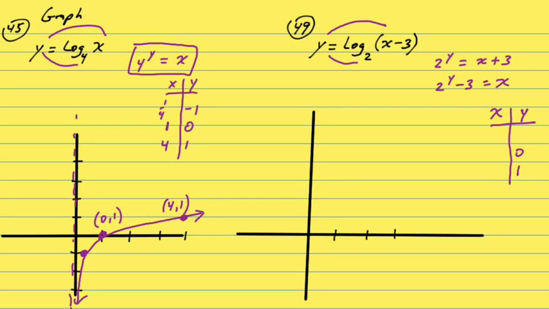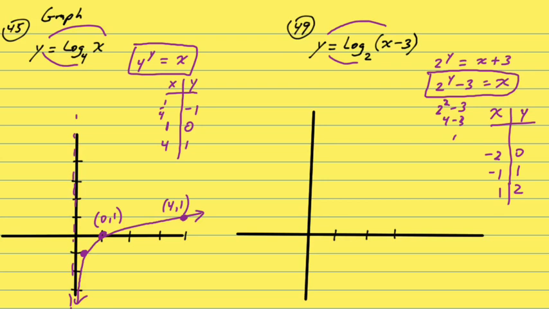Let's start with those. Does anybody know 2 to the 0? 2 to the 0 is 1. 1 minus 3 would make it negative 2 for x. How about if you put in a 1? What's 2 to the first, 2 minus 3? Would that be negative 1? How about if you put in a 2? What's 2 to the 2? 4 minus 3 would give me a positive 1.